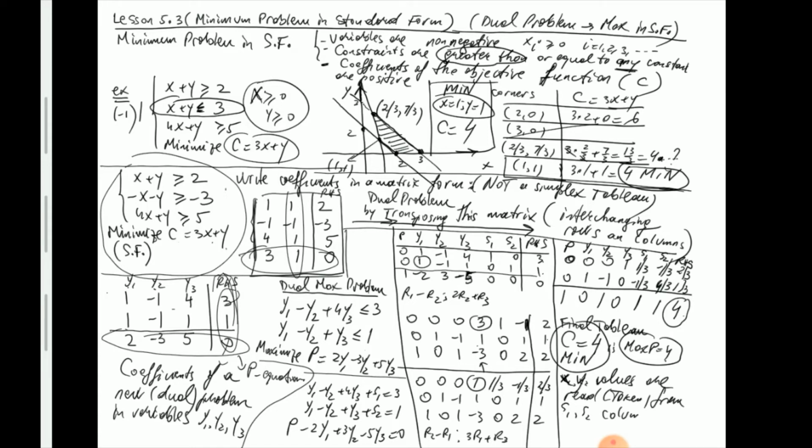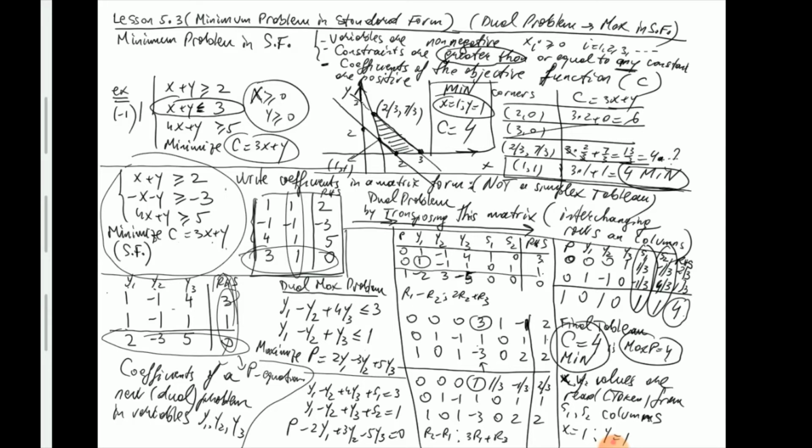So this time around, the slack variables will give you the values of the x and y in the original problem. So that means x is equal to 1. That's the value in the first slack variable. Y is equal to 1, the value in the second slack variable. This is because you're going to have as many slack variables as the original number of variables.